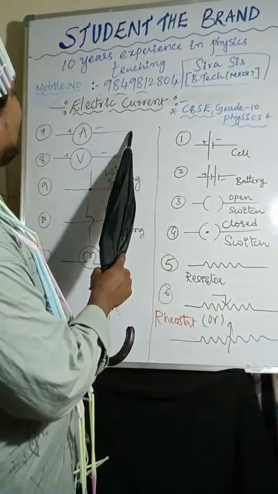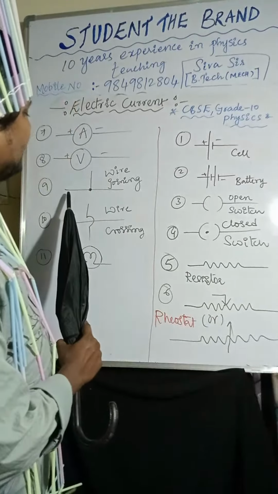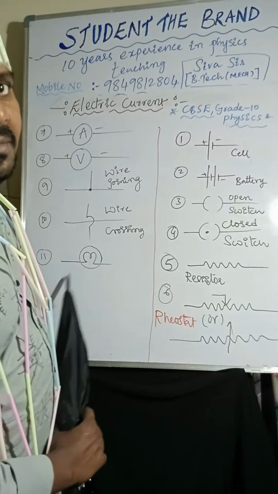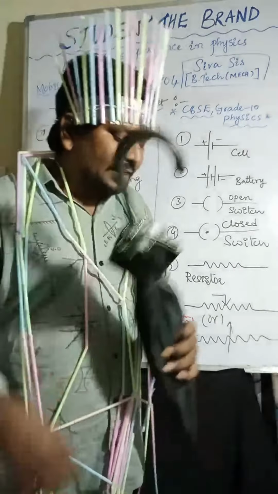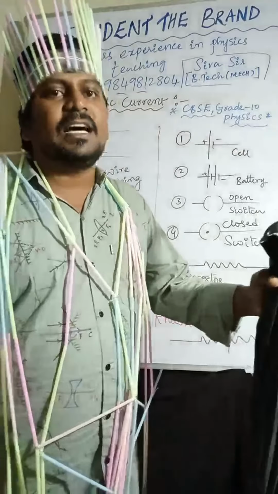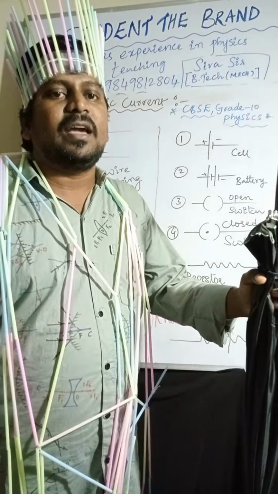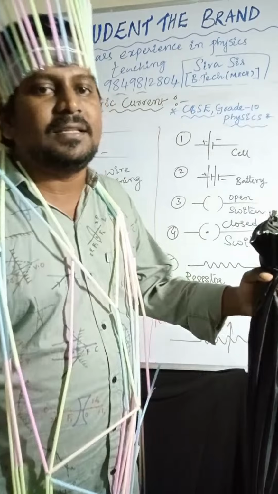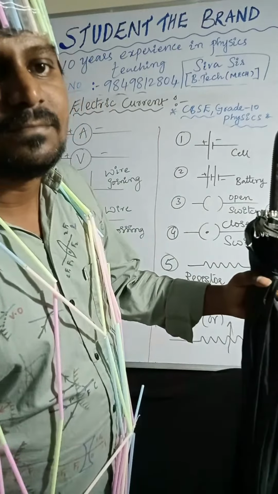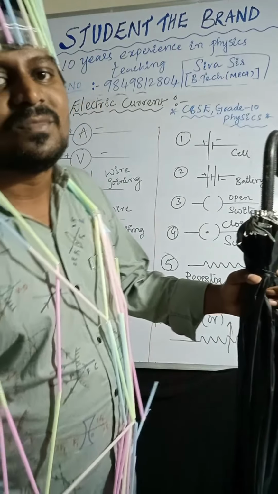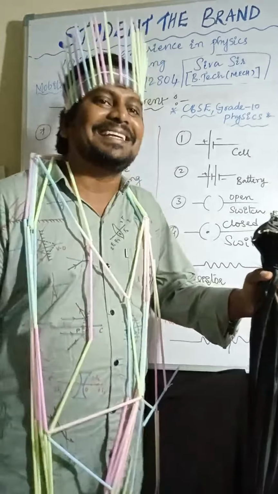So ammeter, voltmeter, wire joining, wire crossing, bulb. So these are the electrical appliances. Okay, so we are using electrical appliances.